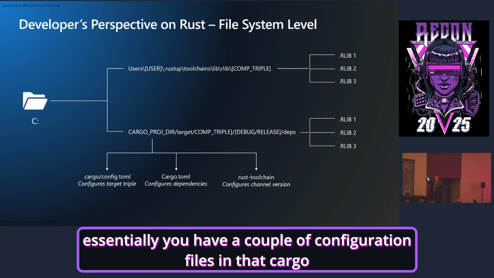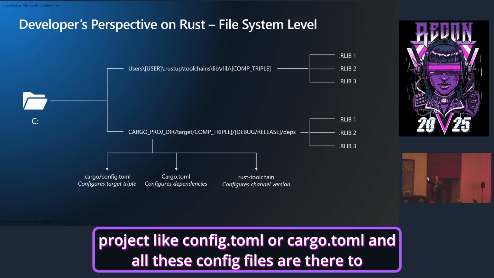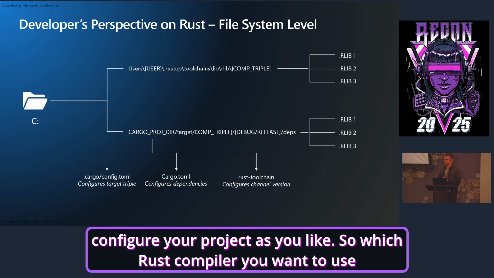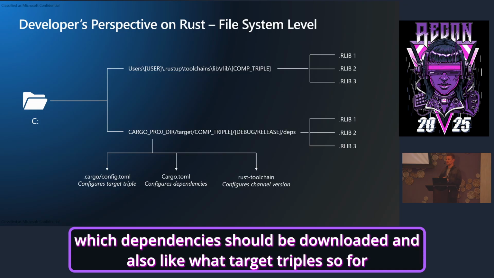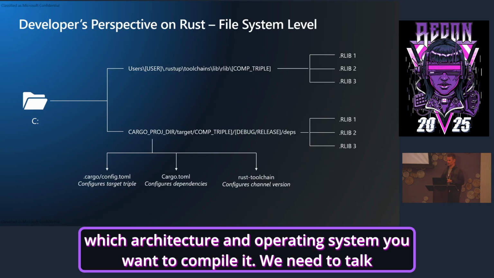And essentially, you have a couple of configuration files in that cargo project, like config.toml or cargo.toml, and all these config files are there to configure your project as you like. So which Rust compiler you want to use, which dependencies should be downloaded, and also what target triples, so for which architecture and operating system you want to compile it.